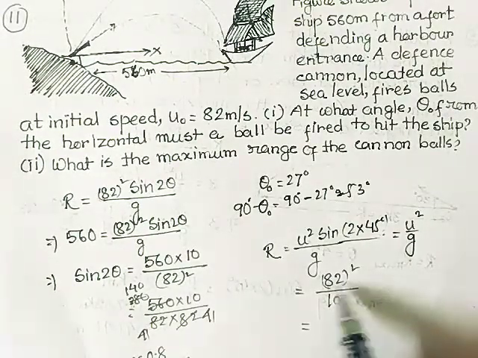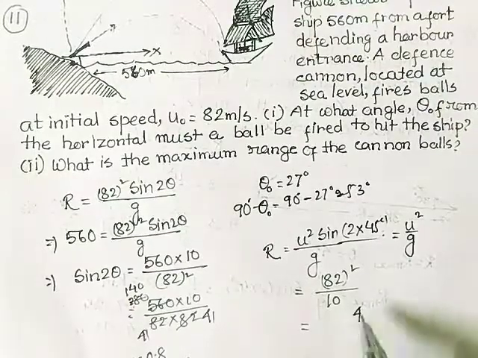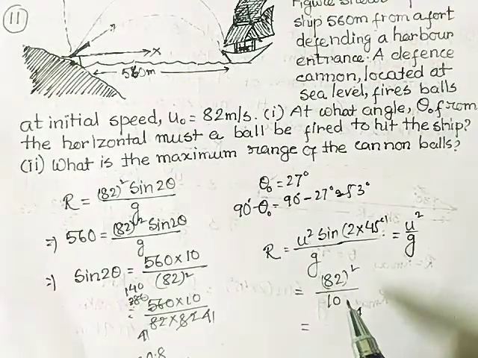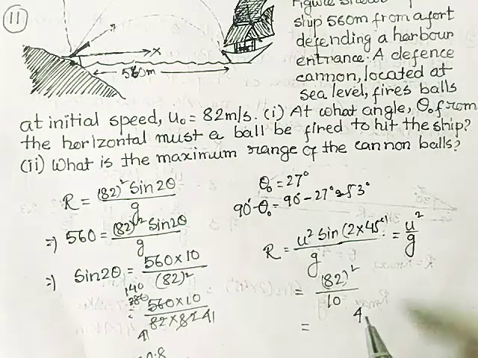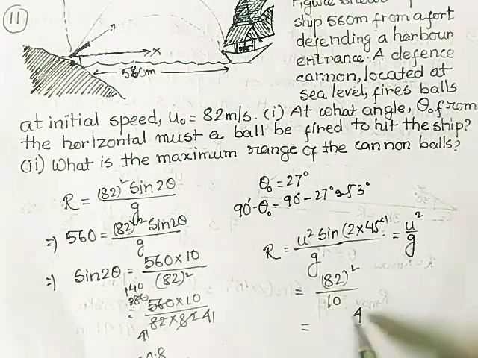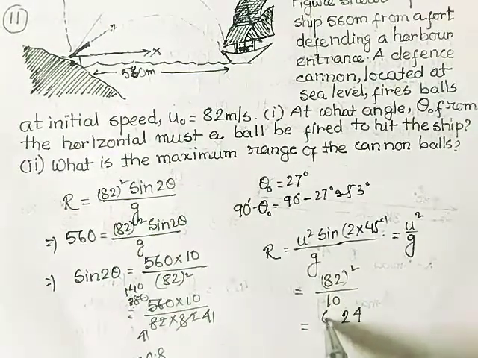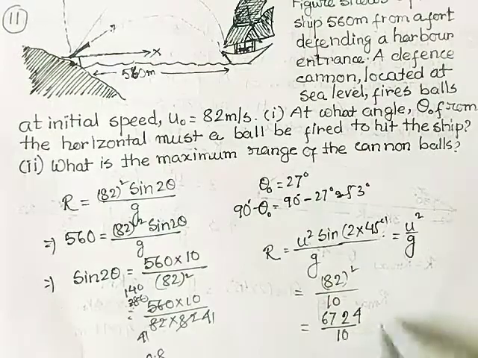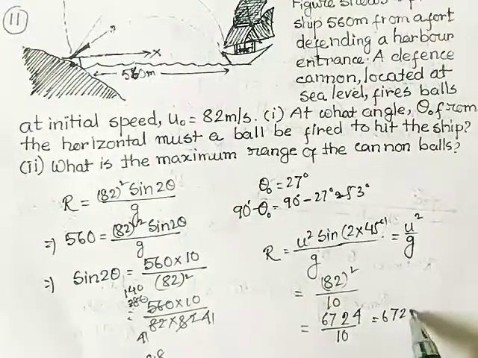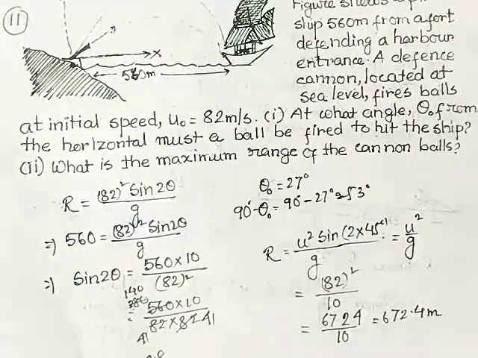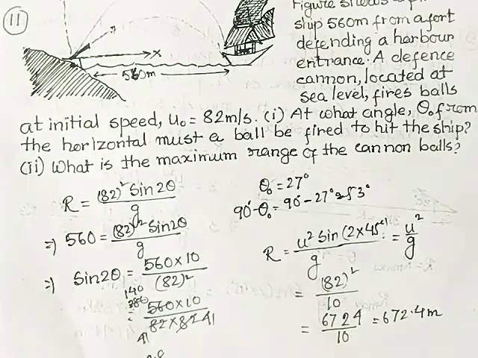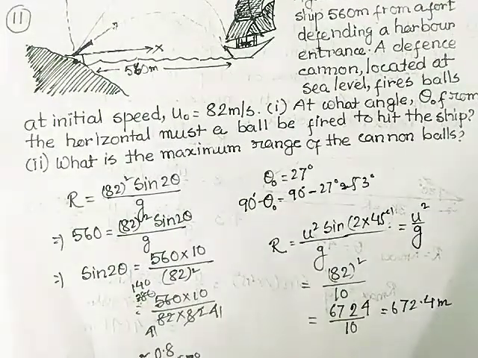For 82 square, 2 square is 4, 8 into 2 is 16, 16 into 2 is 32, 32, 3 in my hand, and 8 square is 64, 64 plus 3 is 67, so divided by 10, it is 672.4 meter. So this is the maximum range of the cannonballs if it is thrown at an angle of 45 degree, obviously. Thank you.